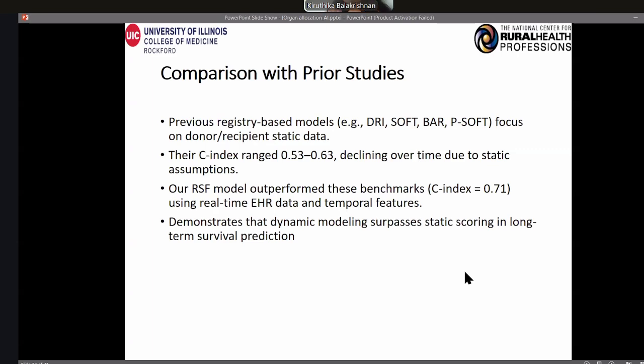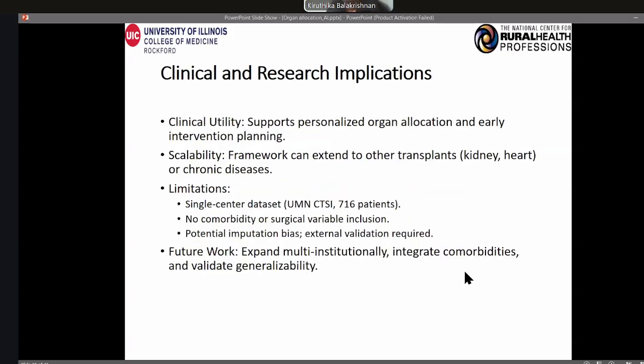They rely on a single point. That means they treat every patient's health as static rather than dynamic, even though in reality, patients' conditions often fluctuate while on the waiting list. So there is a need to consider temporal variation of the patients while they are on the waiting list.